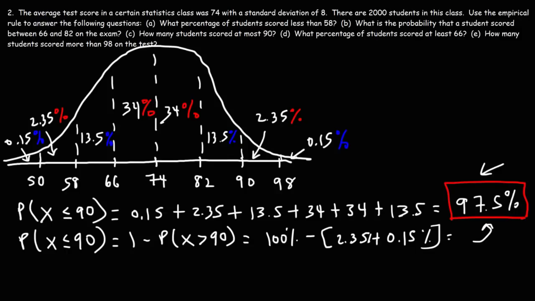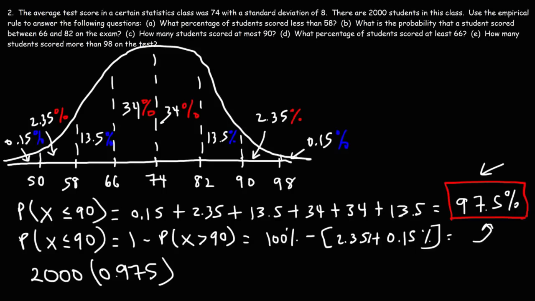Now, we're not looking for a percentage for our answer, because part C asks us how many students scored at most 90. So we're looking for the number of students. And there are 2,000 students in this class, so we need to determine what is 97.5% of 2,000. 97.5% as a decimal is 0.975.